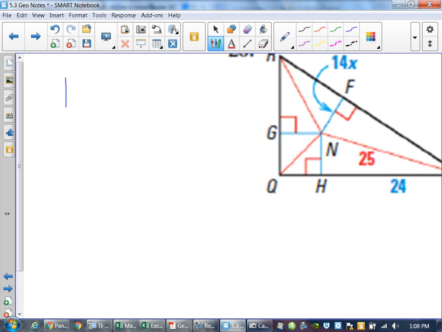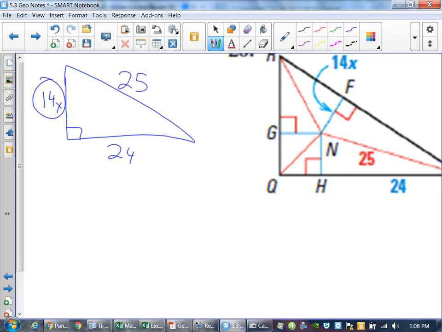So you've got a right triangle with a 14x, a 24, and a 25. And you do the exact same thing we just did. You use Pythagorean theorem just like before, but when you have a coefficient, you got to make sure you put it in parentheses.